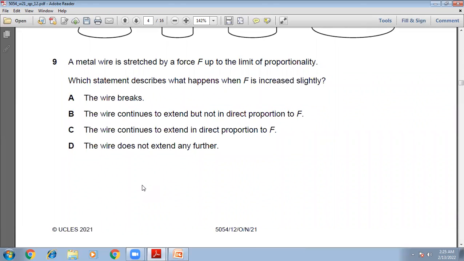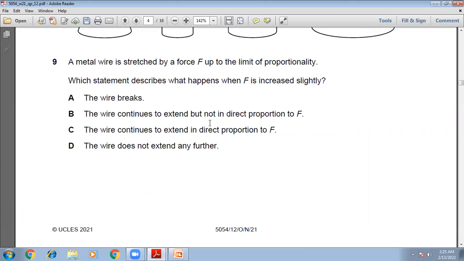A metal wire is stretched by a force F up to the limit of proportionality. Which statement describes what happens when F is increased slightly? When you cross the limit of proportionality, the wire starts to extend, but that extension is no more directly proportional to the force. So the wire breaks?